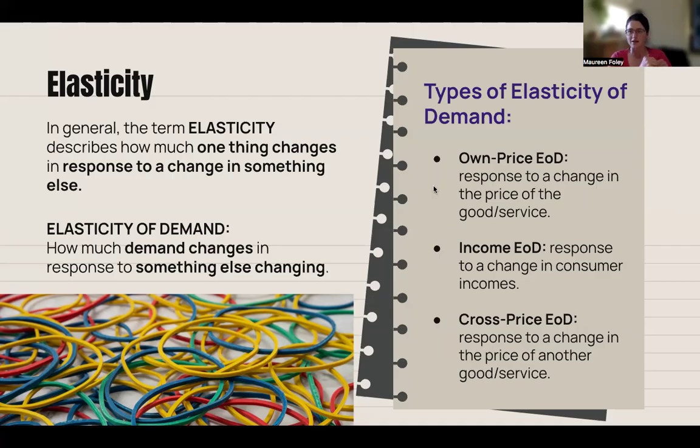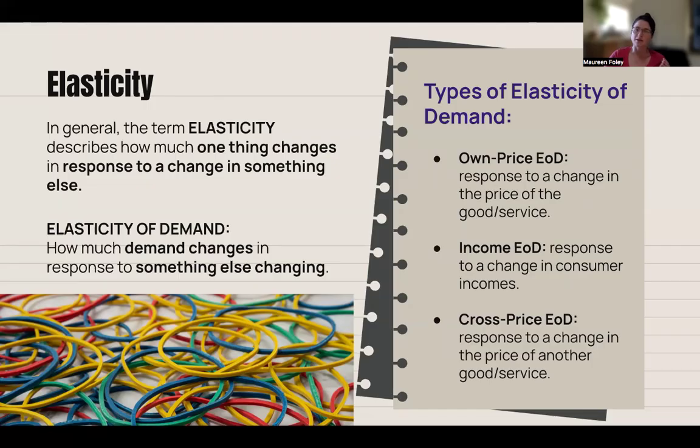Elasticity of demand, in particular, you can have elasticity of supply too, which we will talk about probably in a few weeks, but elasticity of demand refers to how much demand changes in response to some other change. And there are three main types of elasticity of demand that we really talk about in economics. And that's own price elasticity of demand.